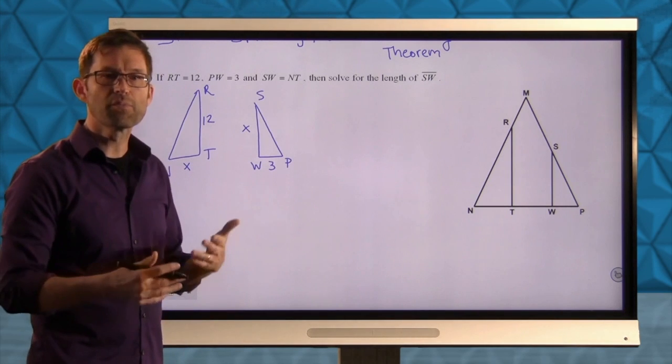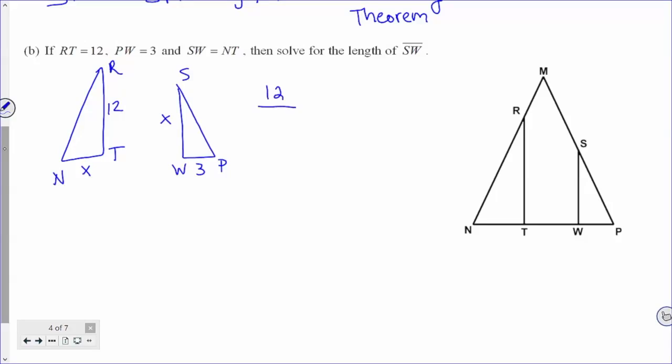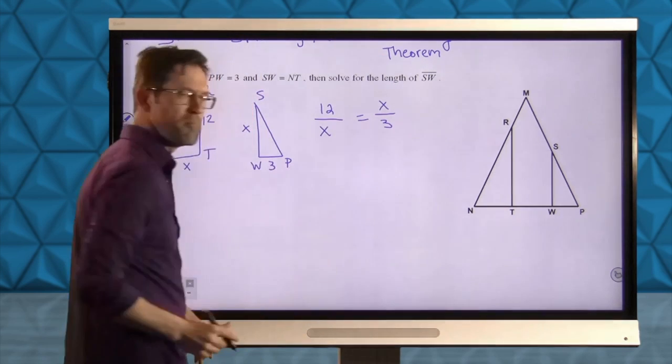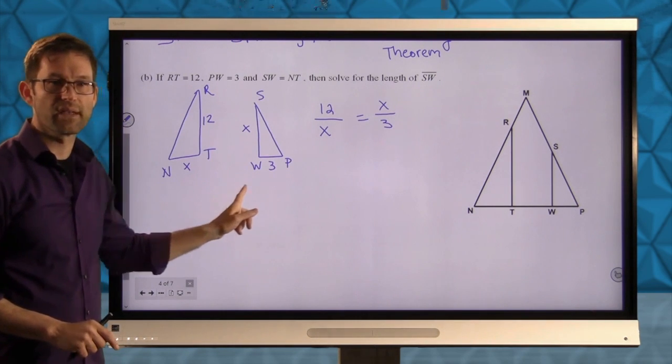So now think about these proportions we can set up, right? I can say that 12, larger triangle is to smaller triangle, as larger triangle is to smaller triangle. Okay, make sure you really understand where that came from. 12 divided by x equals x divided by 3.